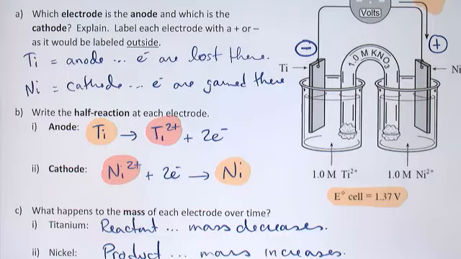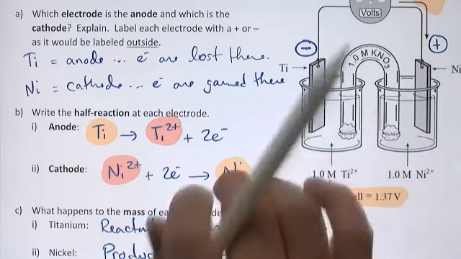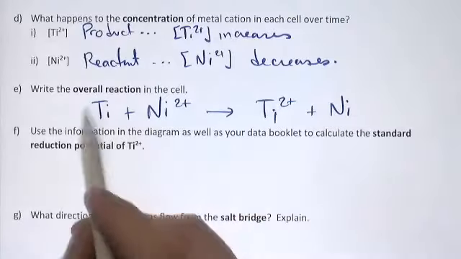And what can we get from our data booklet? The one for nickel. So what's happening to nickel in our battery? Is being reduced. So we would want nickel's reduction potential, wouldn't we? Yeah.